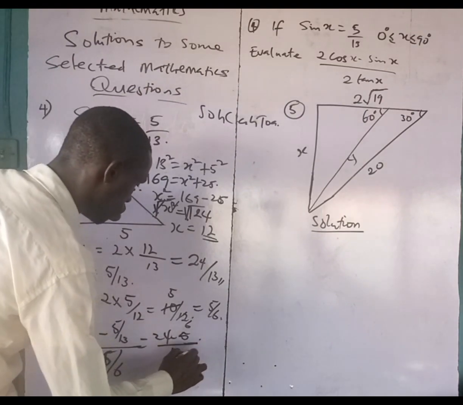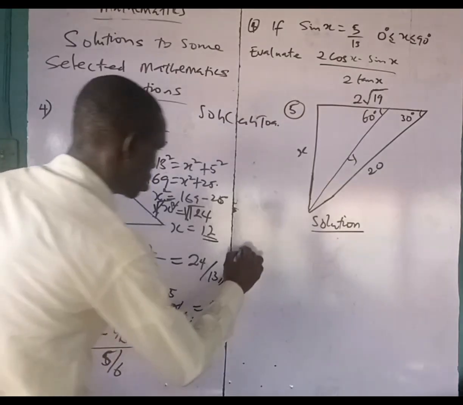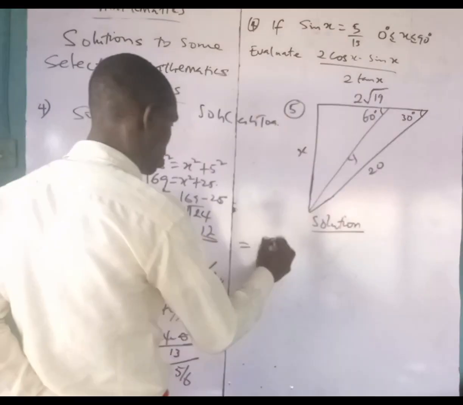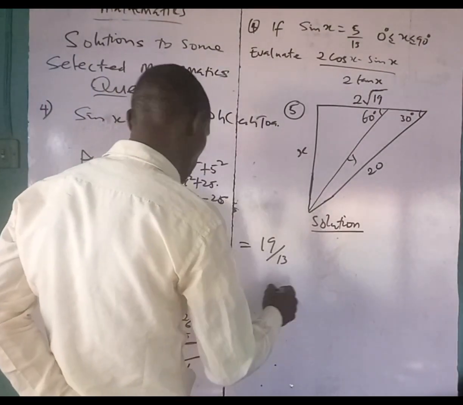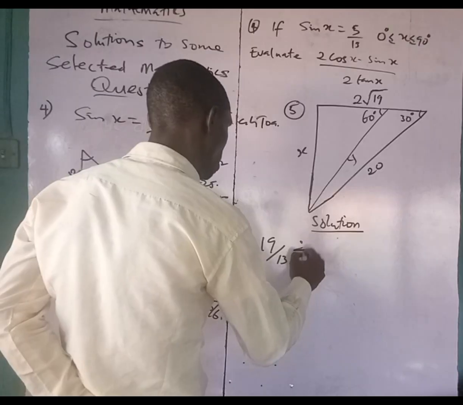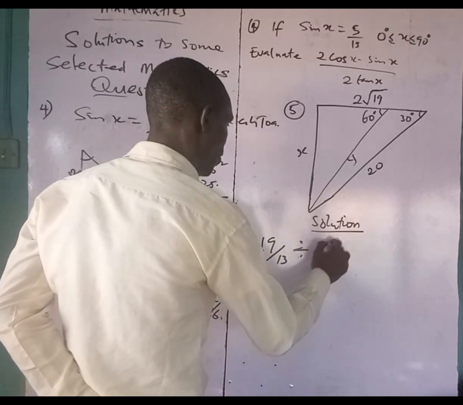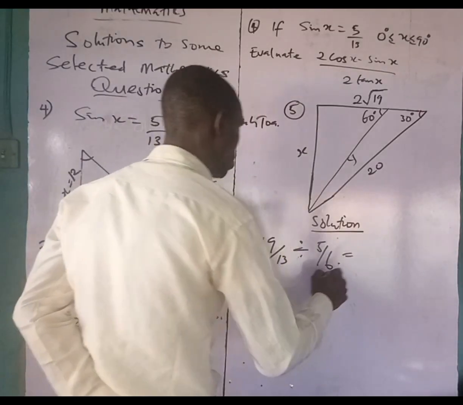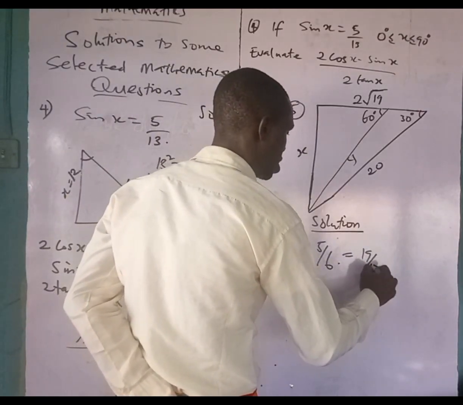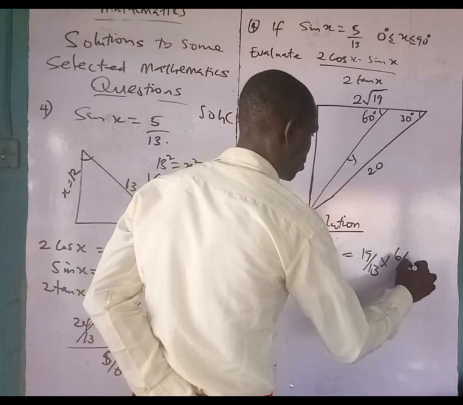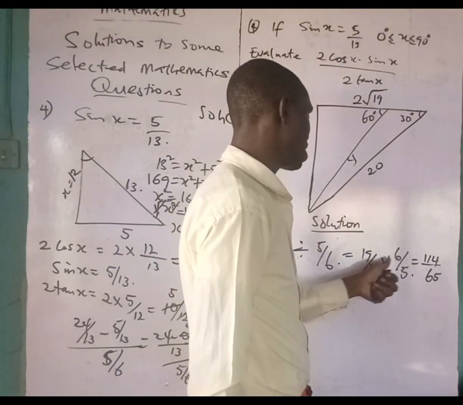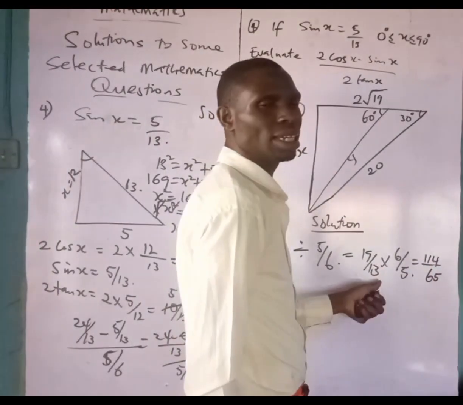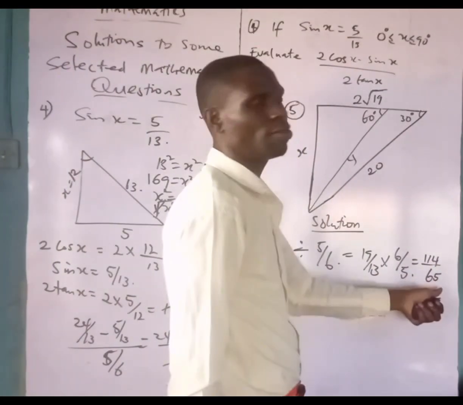Subtracting, that's 19. So our answer is going to be 19 over 13 divided by 5 over 6. Then our answer now is going to be 19 by 13 times 6 by 5. When you multiply 19 and 6, you have 114. When you multiply 13 and 5, you have 65.